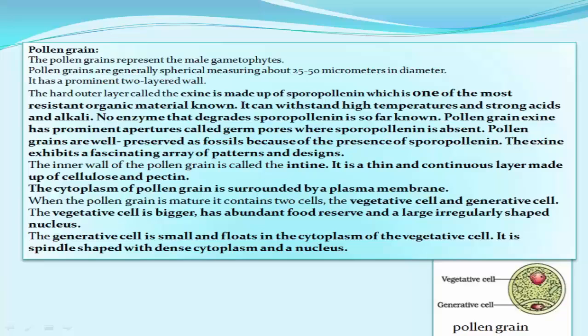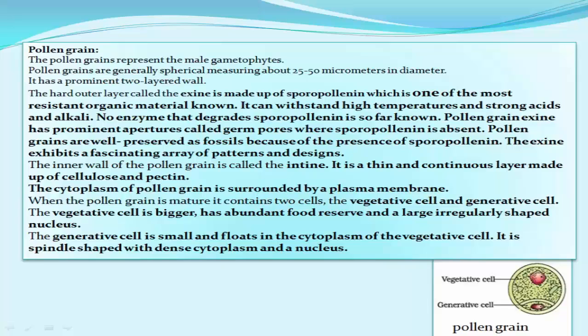That means till today there is no example of an enzyme which can break sporopollenin. That means sporopollenin is resistant to high temperature, resistant to strong acids, even resistant to alkali, and enzymes cannot degrade it.